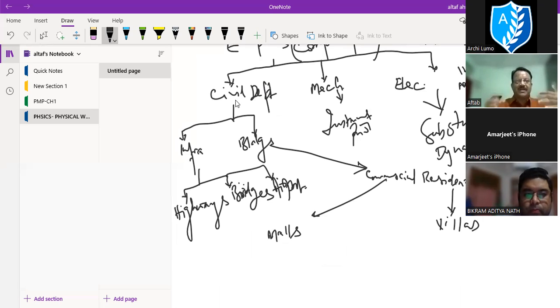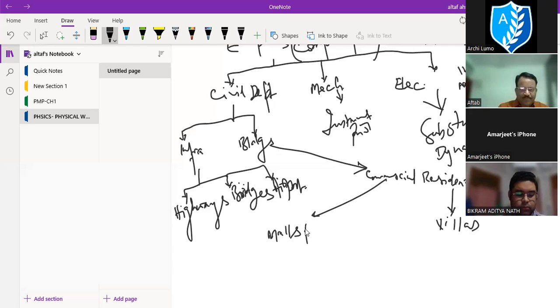Under civil, lots of other departments may be there: infra project department, building project department; under mechanical, instrument project department; under electrical, substation and dynamo project department. From civil, under the infra department, maybe highways, bridges, airport projects; under buildings, commercial and residential; under commercial, malls; under residential, villas. So all these are projects basically.